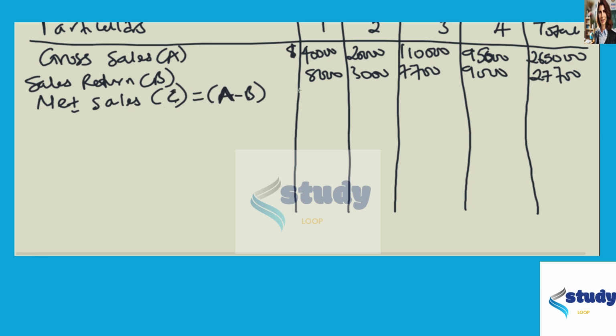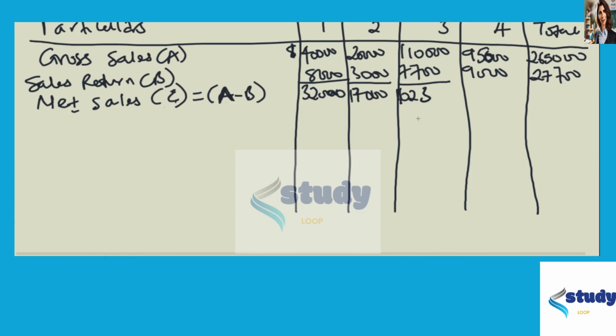Right, yeah. So for this, we're going to subtract, and we're going to have 32,000 for customer 1. For customer 2, we're going to have 17,000. For customer 3, we're going to have 102,300.